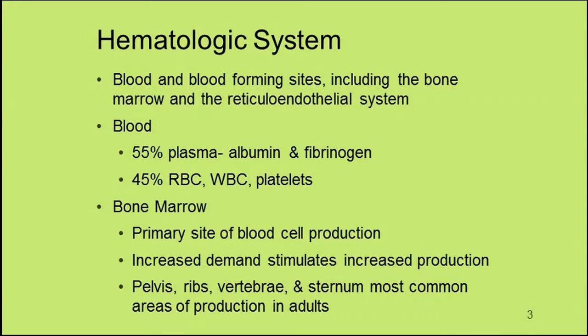All of the blood cells, red, white, and platelets, are located in bone marrow. Stem cells are also found in bone marrow. We're not going to talk in depth about stem cells, just know that they are those generic cells that later differentiate into specific things.